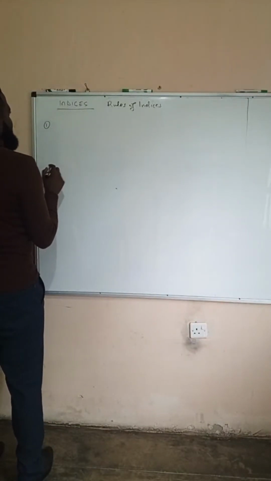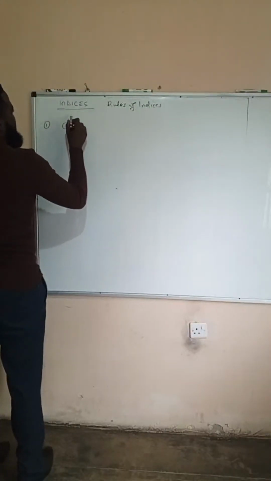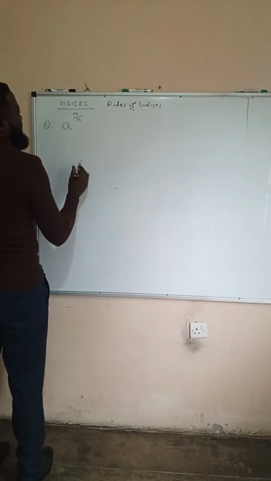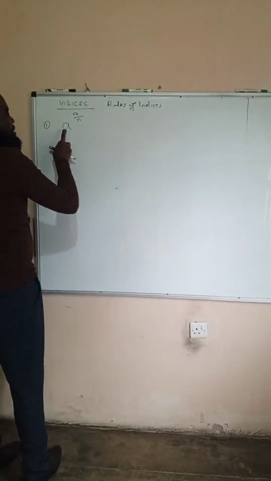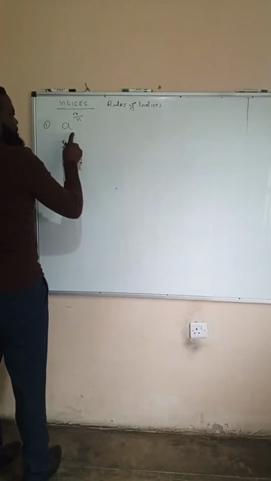The first rule is, if I write a number like a to the power m over n, this is called a base, and then that is called a power.